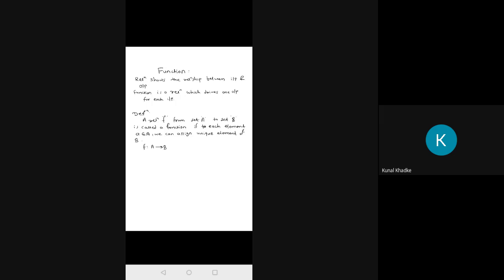I got one definition here: a function is a special type of relation. The relation is like a data structure, for example linked list and array. Correct, a function is a special type of relation is correct. Write down the definition and let me know when done.